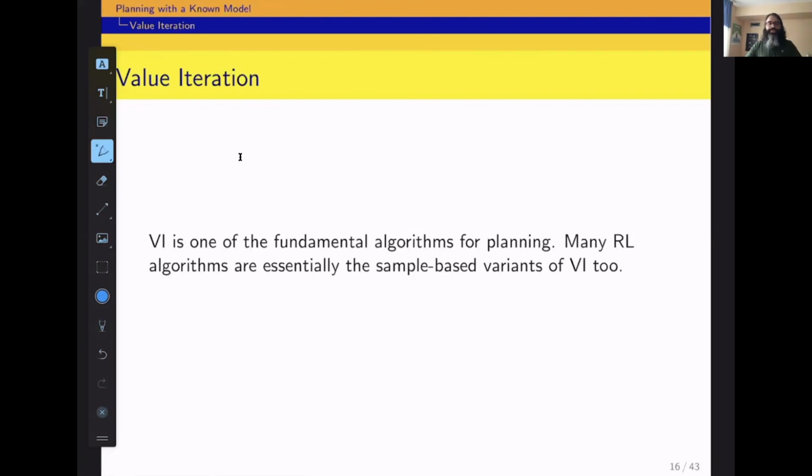What I described is a type of Jacobi iteration, because I get Vk and generate Vk plus 1. But there are methods where we only update one state at a time, and then use the updated value function as the target on the right-hand side, and apply the Bellman operator to it. Gauss-Seidel would be one example of it.